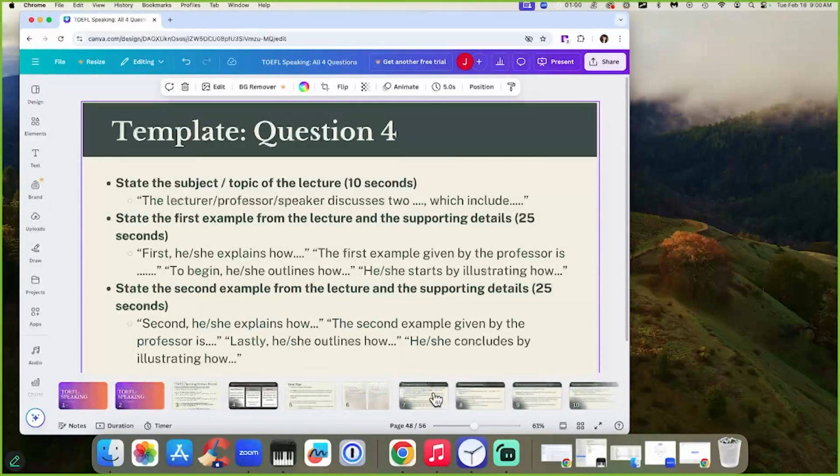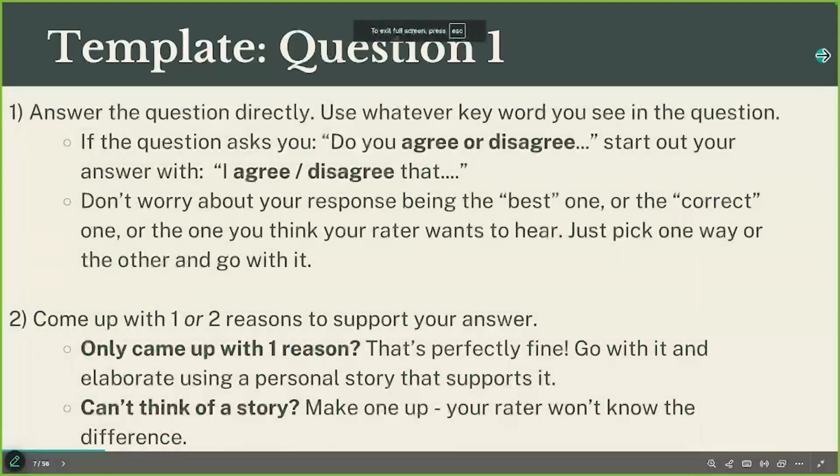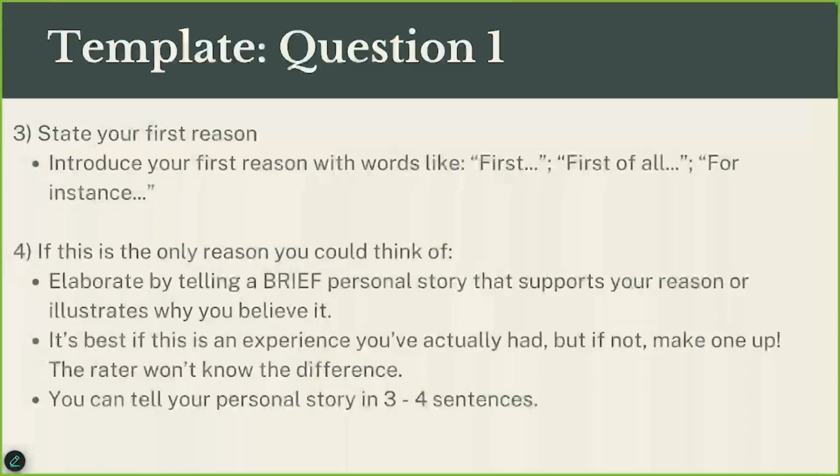So question 1 has several slides. So here's the first slide. So please screenshot this one. I'll just give you a couple seconds here. All right, here's your next slide to screenshot.